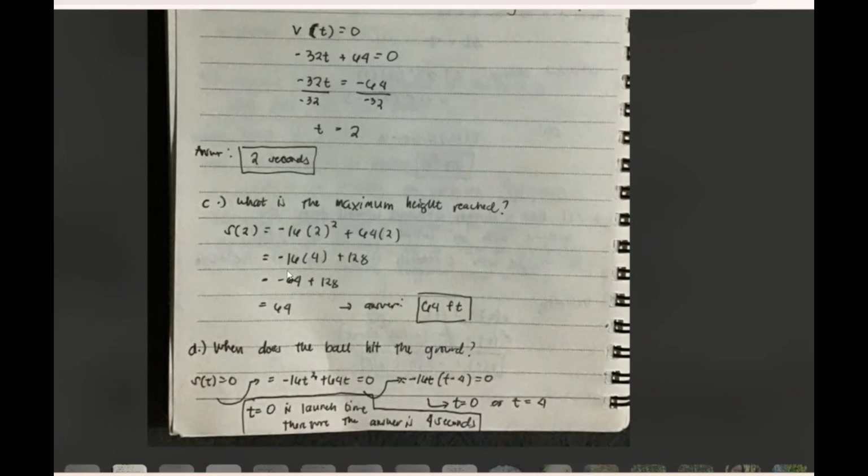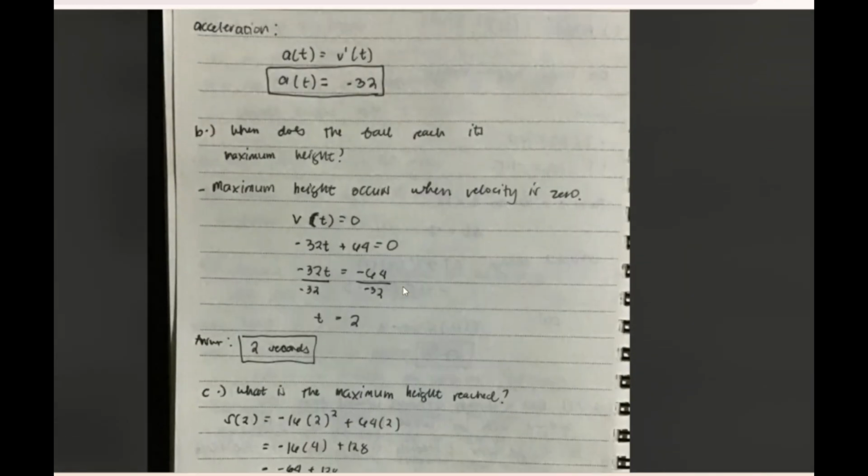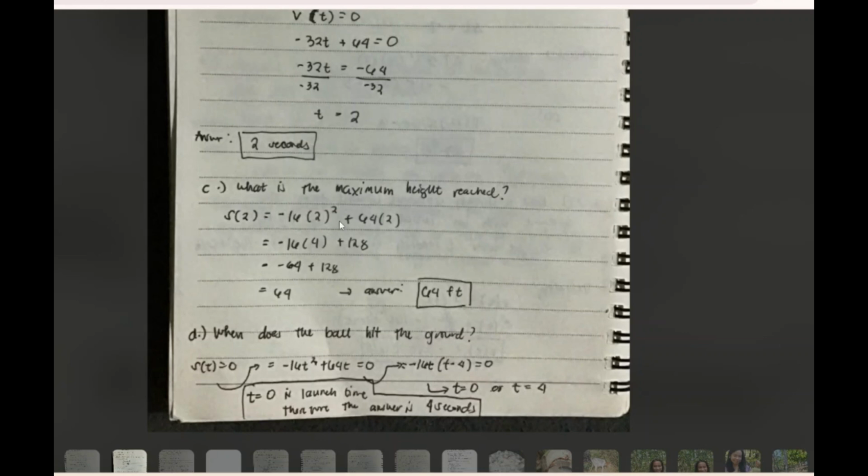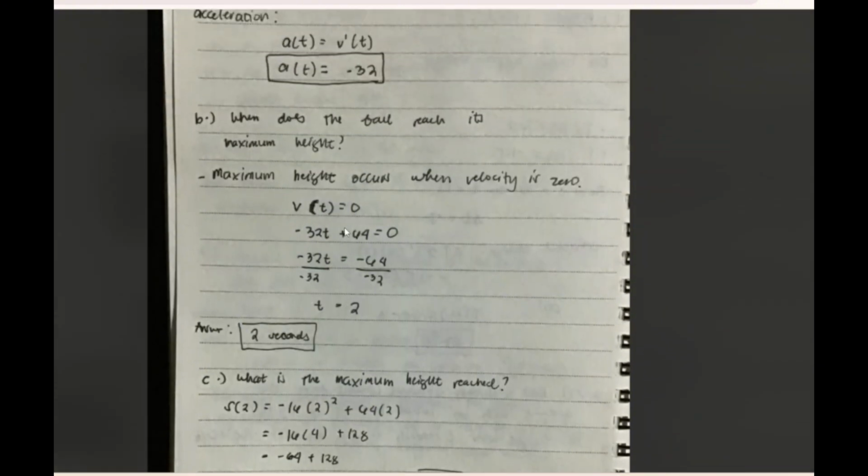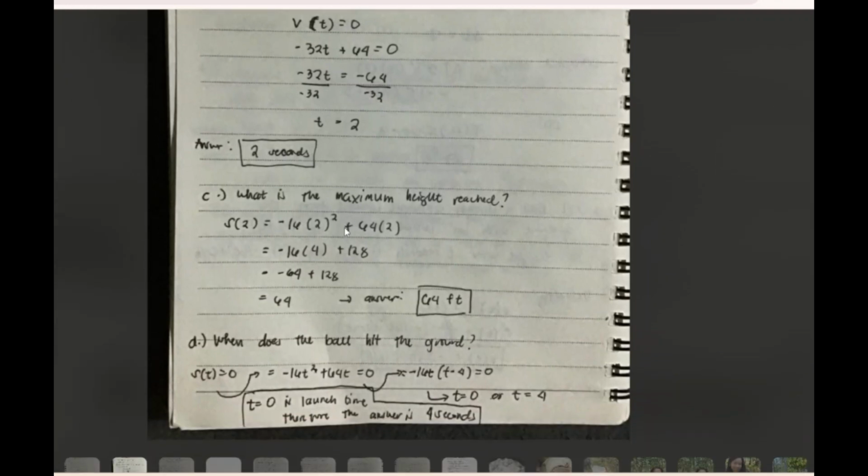Moving on to question C, what is the maximum height reached? All we need to do is substitute 2 into the given function, which is negative 16 times 2 squared plus 64 times 2.